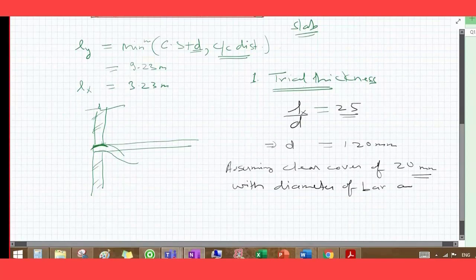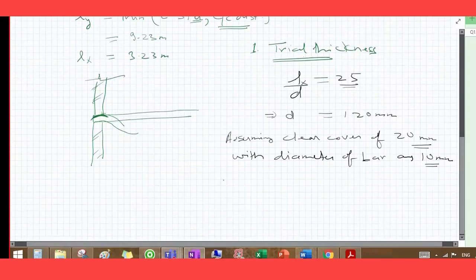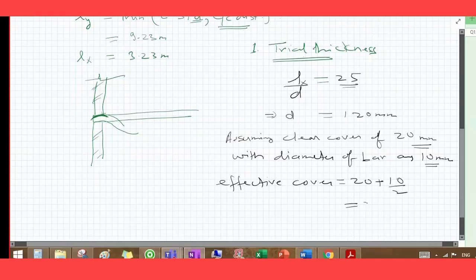Now, assuming clear cover of 20 mm with diameter of bar as 10 mm. So the diameter of main reinforcement bar which I'll be preferring is 10 mm. So what will be your effective cover? Effective cover will be 20 plus diameter of bar divided by 2, which becomes 25 mm.